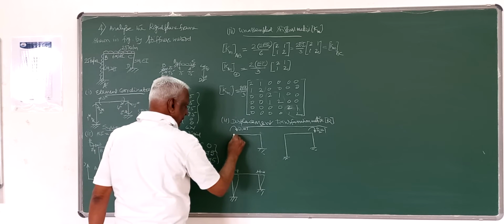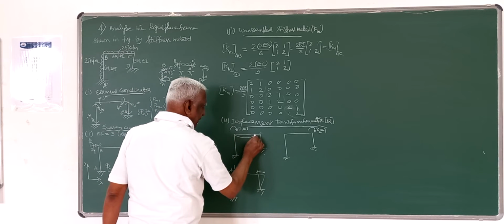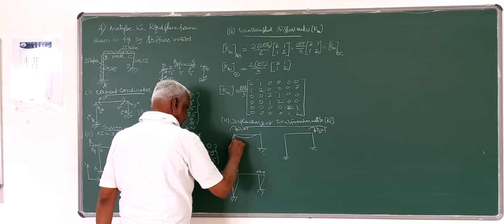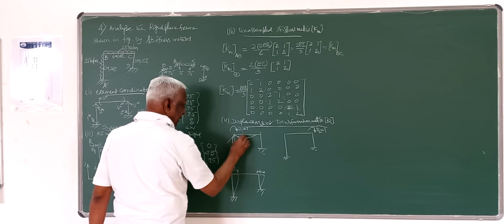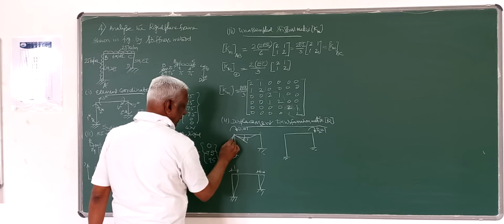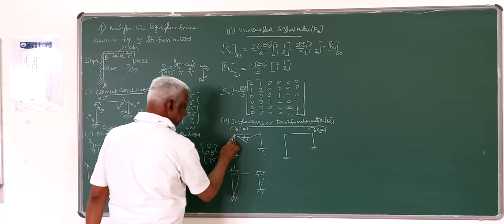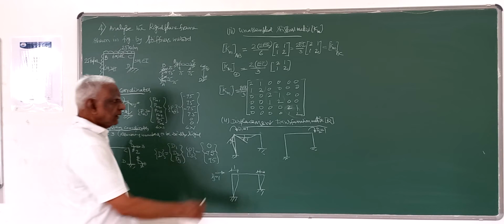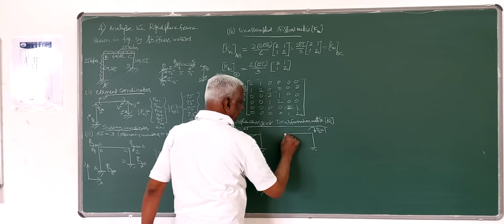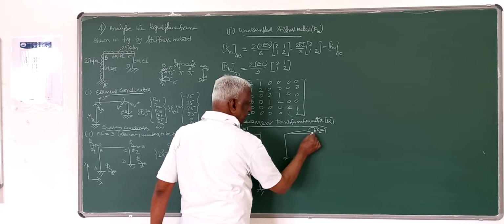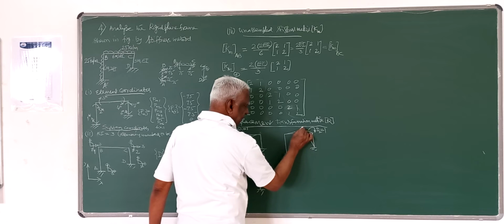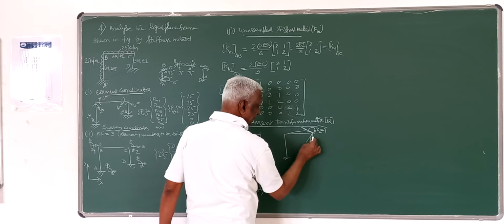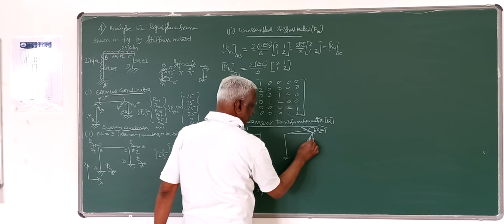Here, if I give displacement like that, it will displace like this. So this is a displacement given, 1, 1. Similarly, here that I have given is such. I have to calculate that, with reference to the displacement given.